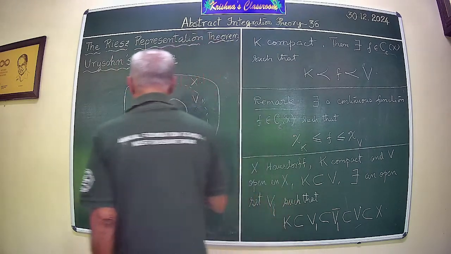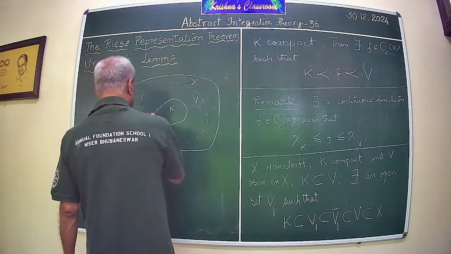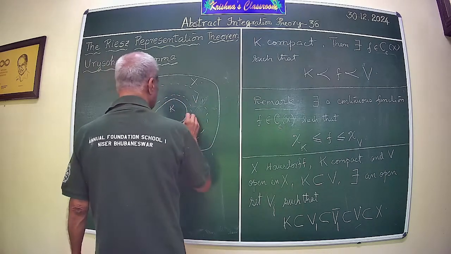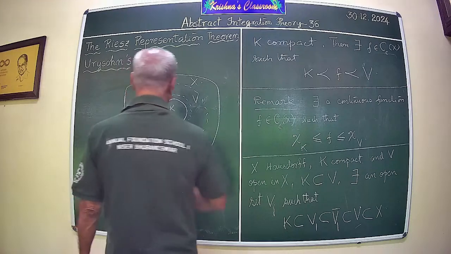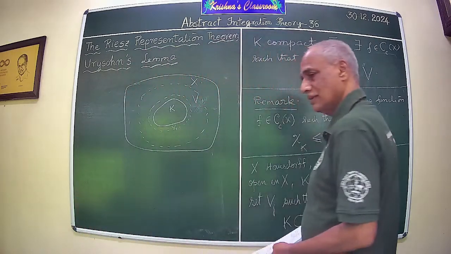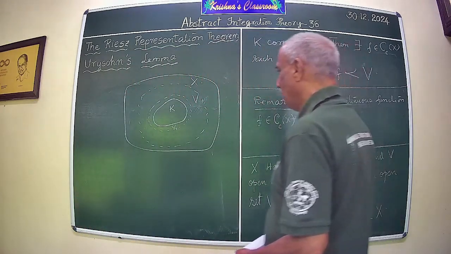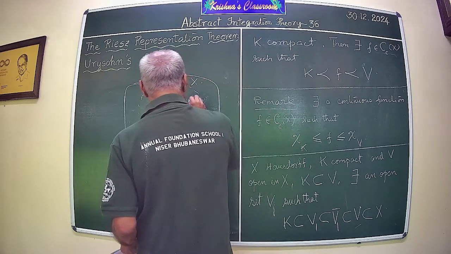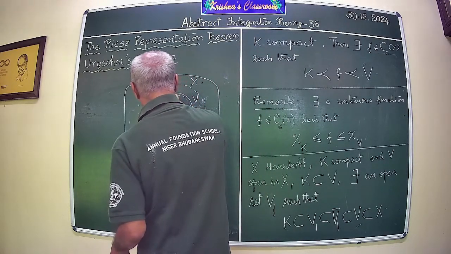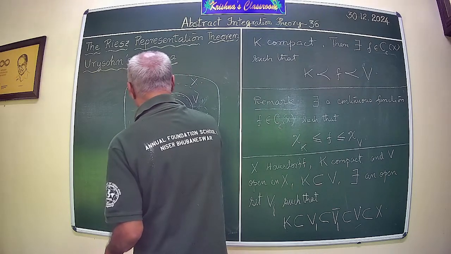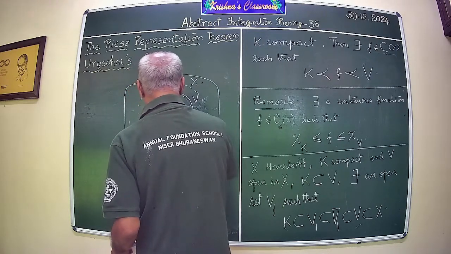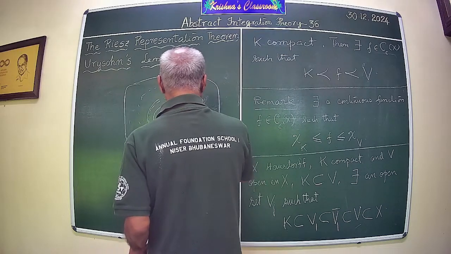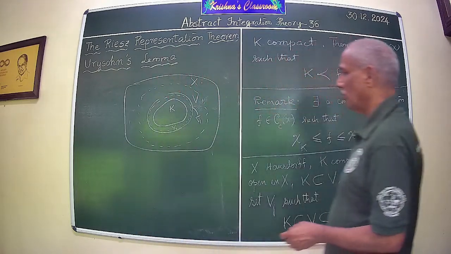Now what the theorem says is this. There exists an open set V1 that contains K, and V1 closure. I'll just put the line. This is a schematic diagram. This is V1 closure.